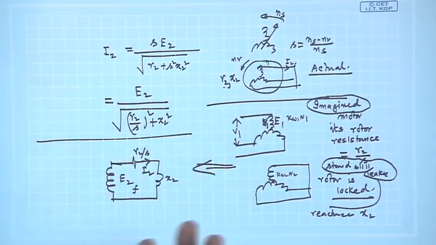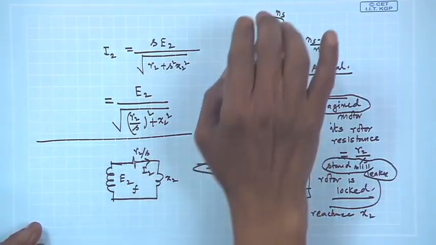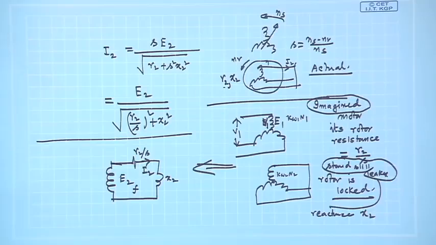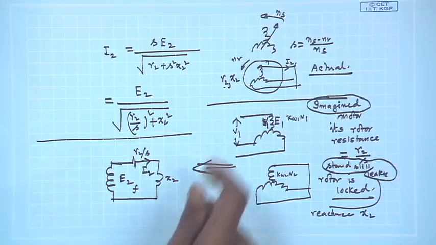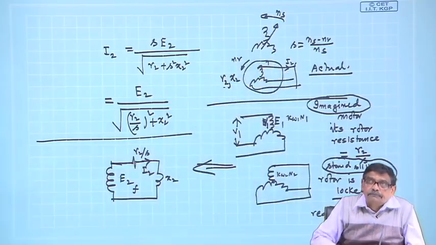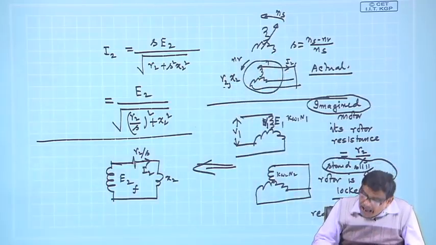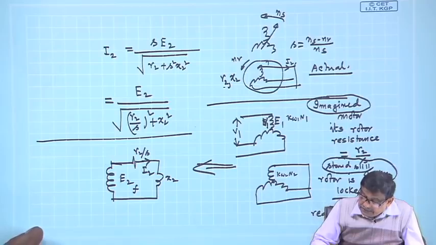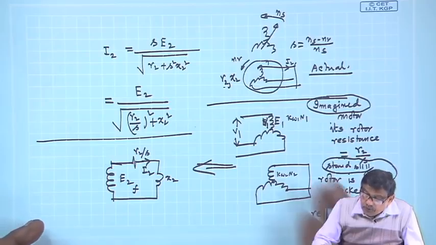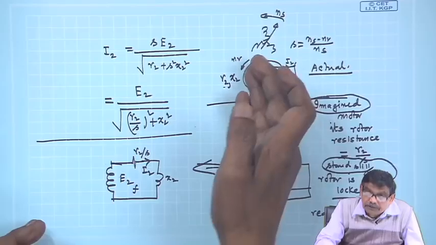Then I am telling, okay, let us have another induction motor whose stator is identical with that of this machine, but the rotor is at standstill condition and its resistance per phase is not R2, but R2 by S, the S with which the actual motor was running, and its leakage reactance at standstill is X2, same as that of this machine.